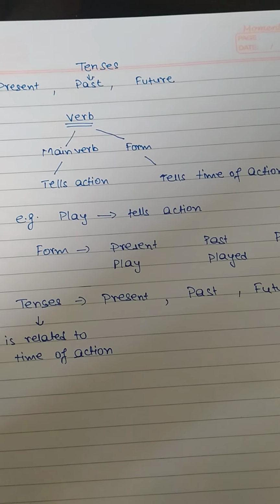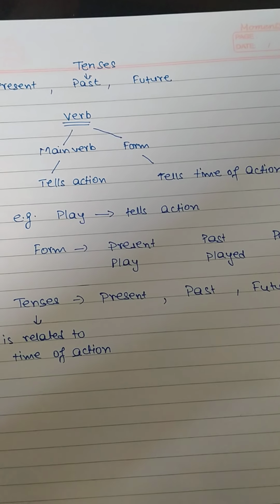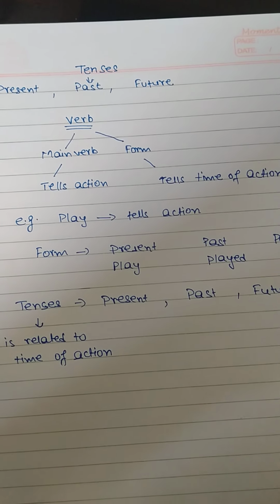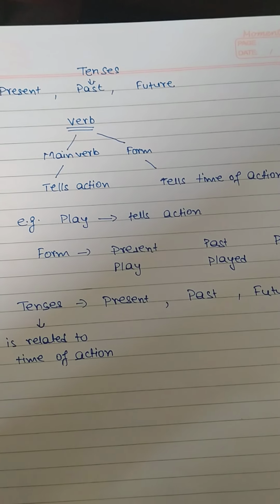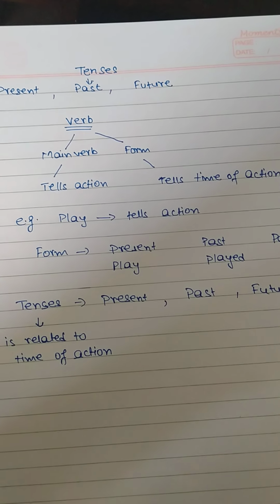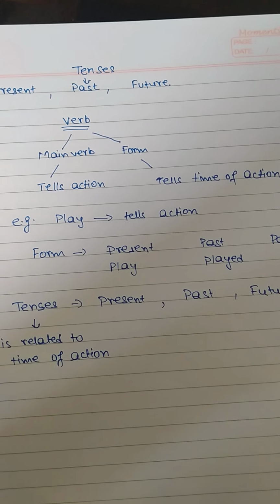Now, I have used the word action, and you know that action words in the sentence are called verbs. Verbs are the words with which we tell the action and the time of action as well. So, verb has two parts.